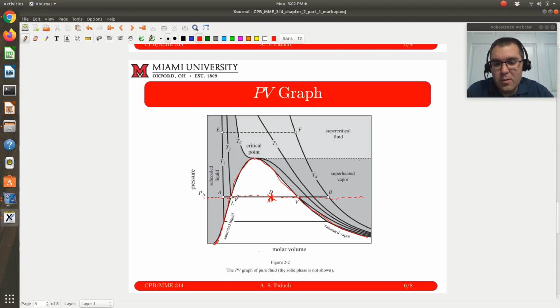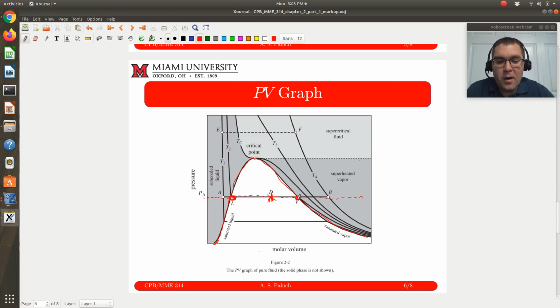Then I just read across, and the point where I hit my left lobe corresponds to my liquid phase. Where I hit my right lobe corresponds to my vapor phase. So if I have a point underneath the dome, I get phase splitting along an isobar, and from that isobar, I'm going to have a liquid in equilibrium with the vapor.